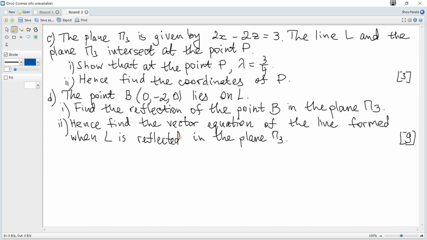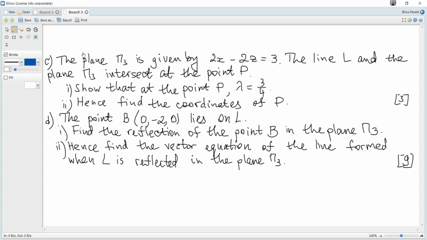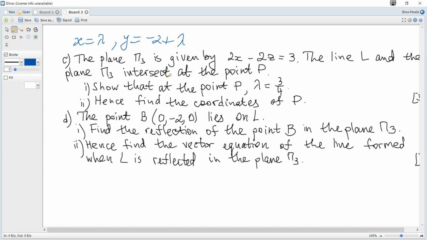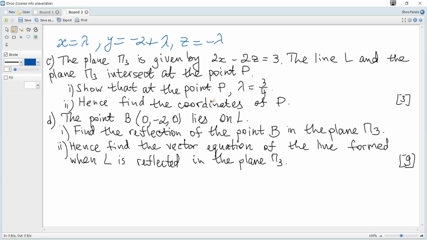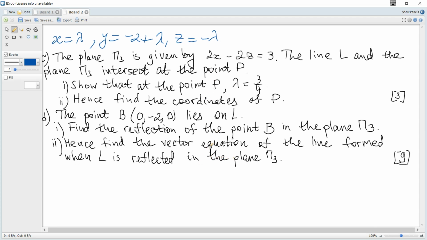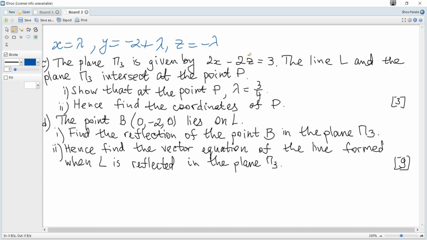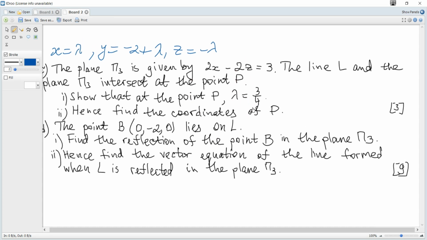And the next question: the plane pi3 is given, and the line L and the plane pi3 intersect at the point P. Show that at the point P lambda is 3 over 4, hence find the coordinates of P. It's the same L, so x is lambda, y is -2 plus lambda, and z is -lambda. Since it's a point of intersection, we should consider simultaneous equations, and to find it we substitute x, y, z for the line in the equation of the plane and find lambda.